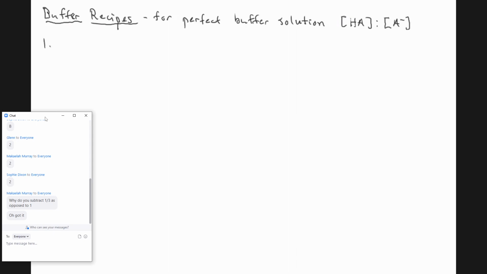Number 1. Mix equivalent amounts of weak acid and its conjugate base.